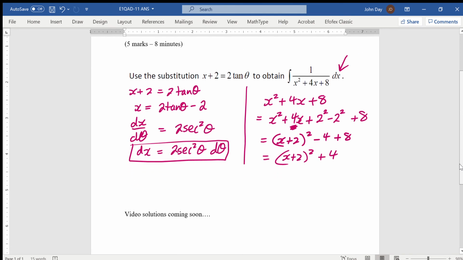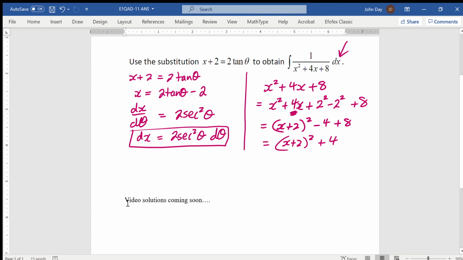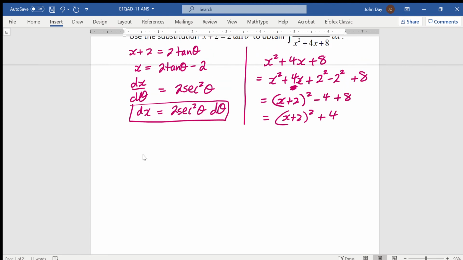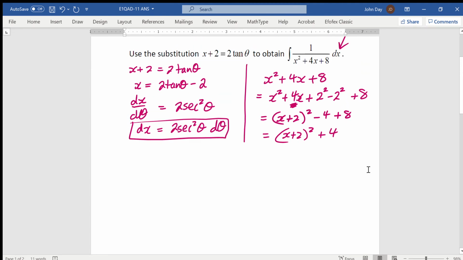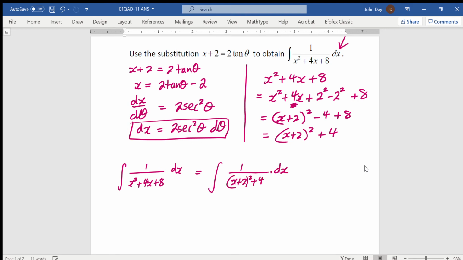So I'm now ready to go. I'll just move this out of the way. Delete that, and there we go, we've got some room there. So I'm ready to go now to do this integral. The integral of 1 on x squared plus 4x plus 8 dx is the same as the integral of 1 on x plus 2 squared plus 4 dx, right?